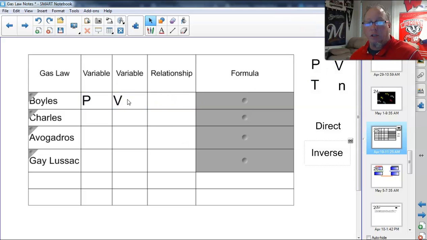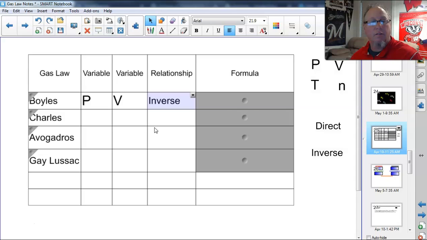What type of relationship is Boyle's law? And the formula for Boyle's law looks something like this: P1 V1 equals P2 V2. If the pressure increases, the volume decreases.